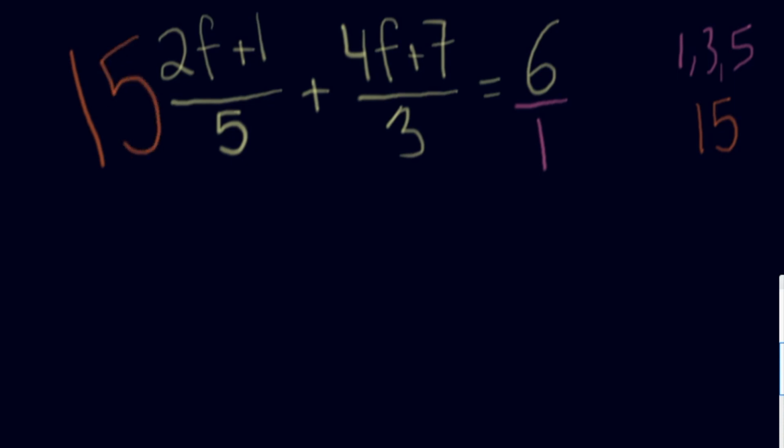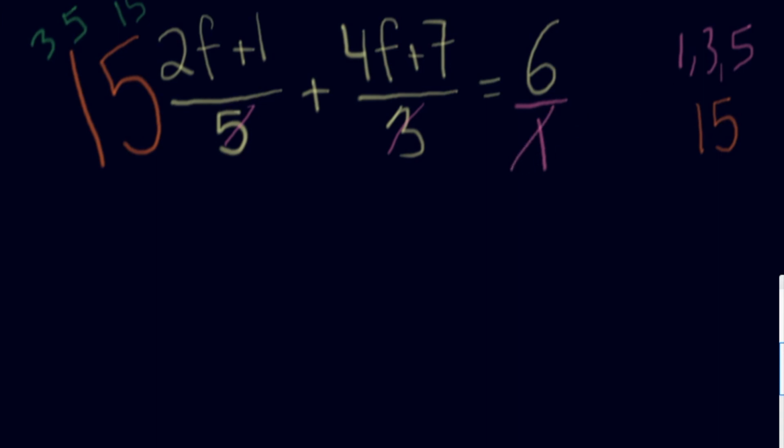And then, over in the top corner, I ask myself, 5 times what is 15? 3. 3 times what is 15? 5. And 1 times what is 15? 15. When you do all that, this will eliminate all of your denominators. Gone, gone, gone.